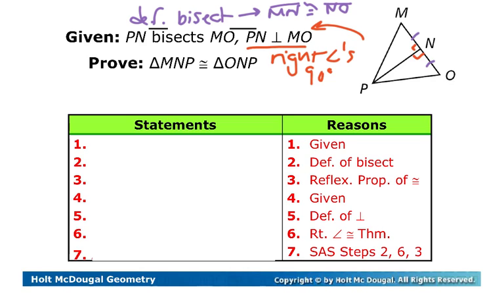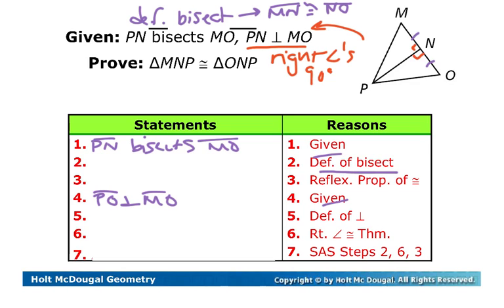So, filling in our proof, notice that this is a book proof, so they're giving us two givens. And since this one says definition of bisect after it, I'm probably going to write that PN bisects MO first. And then the other given, which was PO is perpendicular to MO, is going to be next.